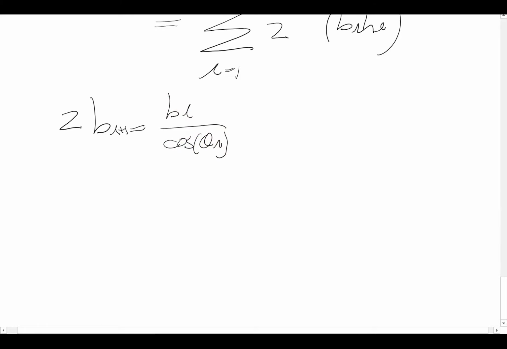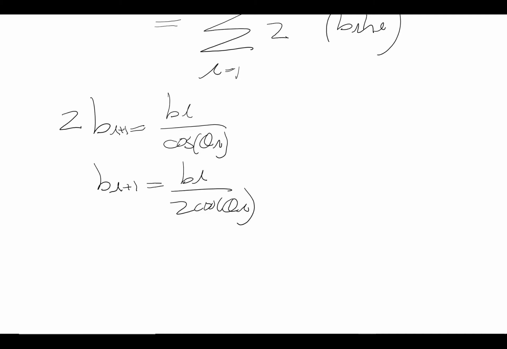So basically, notice how this is cosine theta i. So that means bi plus 1 is this bi over 2 cosine theta i.